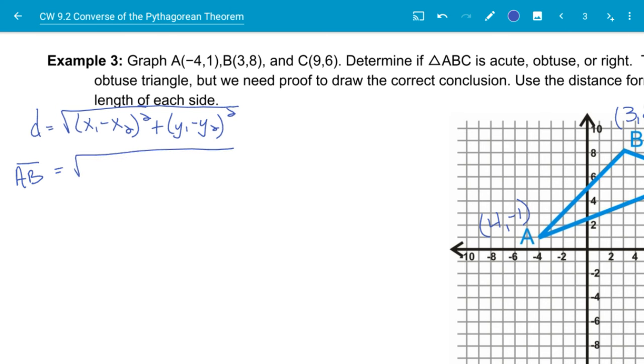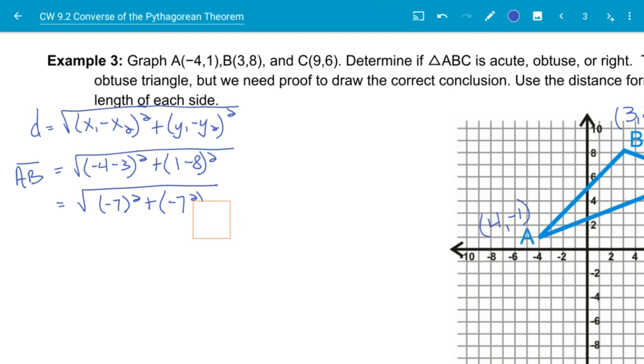So it's the square root of (-4 minus 3) squared plus (-1 minus 8) squared. So then -4 minus 3 is -7 squared, plus -1 minus 8 is -7 squared.